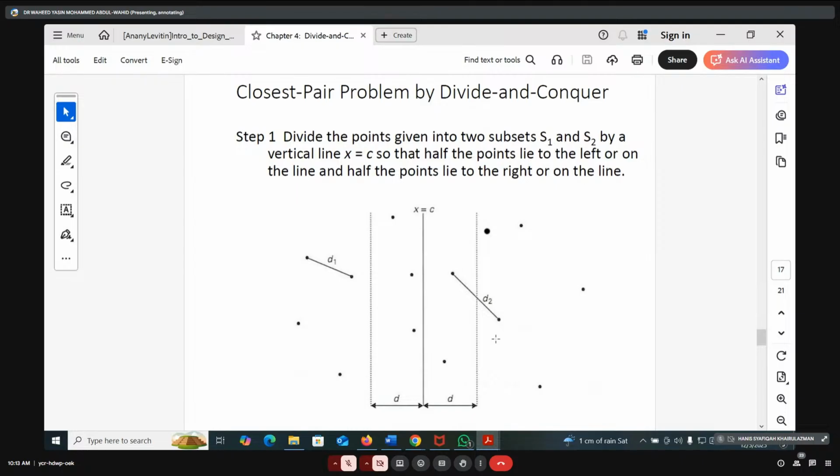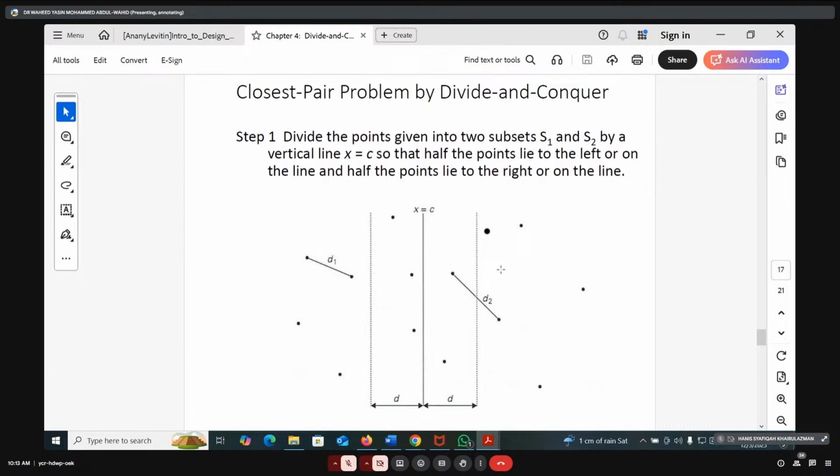So we have to see. Here maybe we have three possibilities. Maybe the minimum distance is in the left plane, on the left side of this plane.